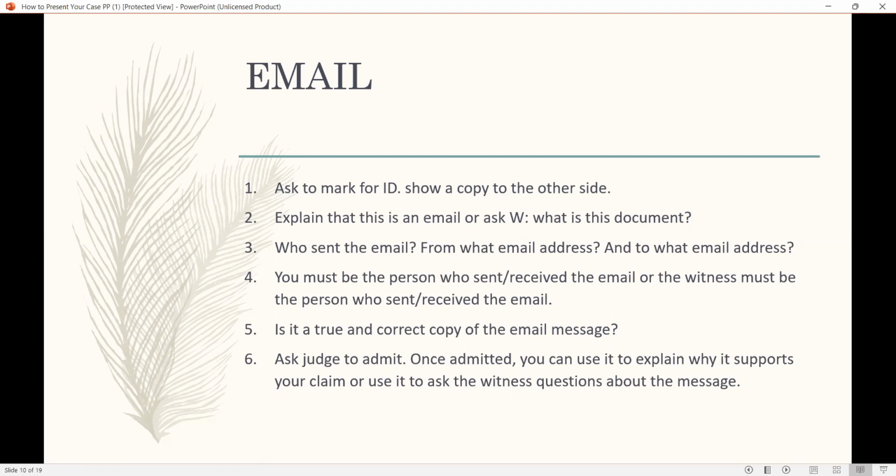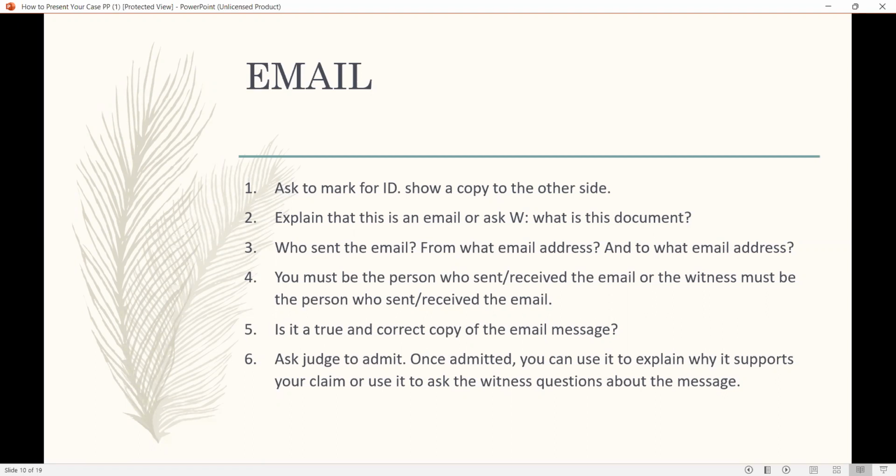You want to tell the court who sent the email, from what email address, and to what email address. Also, because of the rule of hearsay, which we just went over, and it's a similar issue with text messages and letters, really, you must be the person who either sent or received the email, or the witness must be the person who sent or received the email.